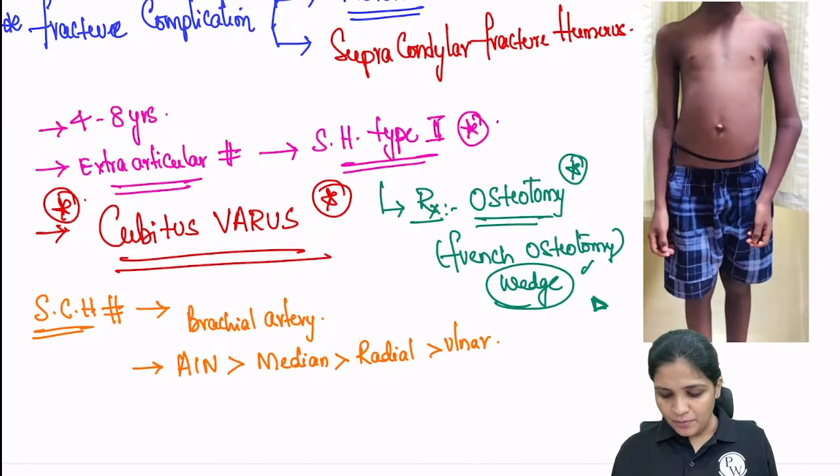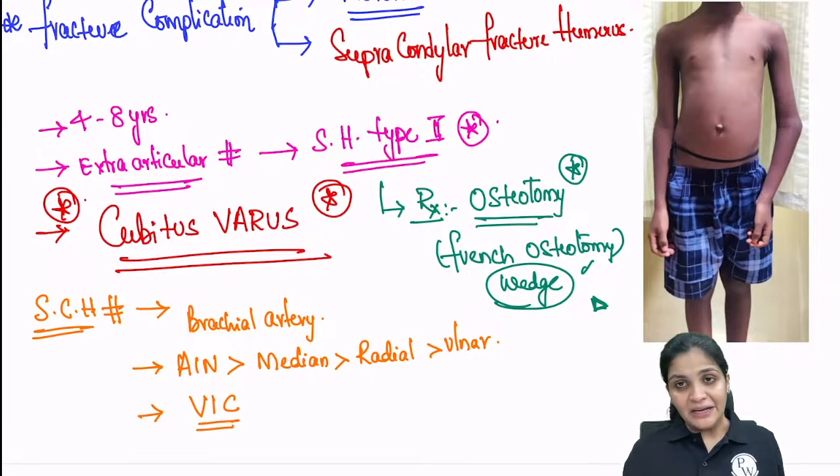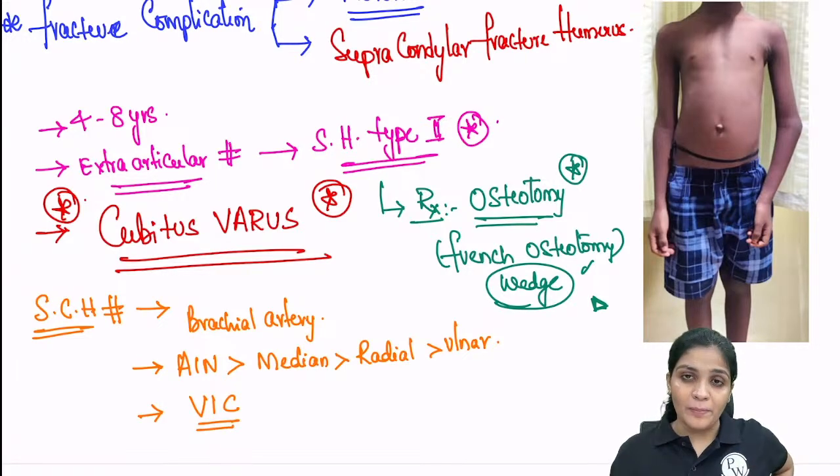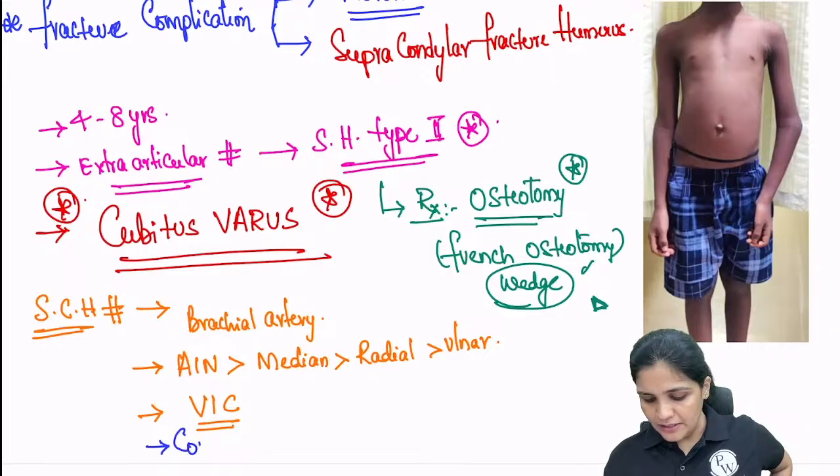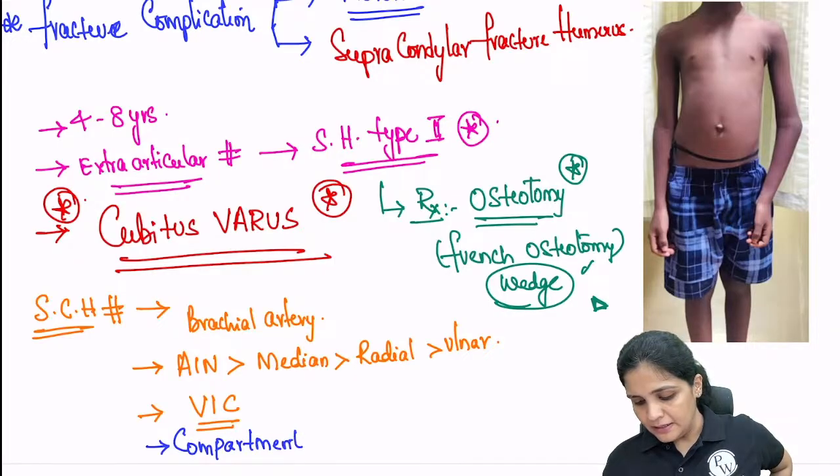And what is the one more important thing which we can see in this? VIC. Whenever your brachial artery is involved, it might result in Volkmann's ischemic contracture also. Right? And not to forget your compartment syndrome.